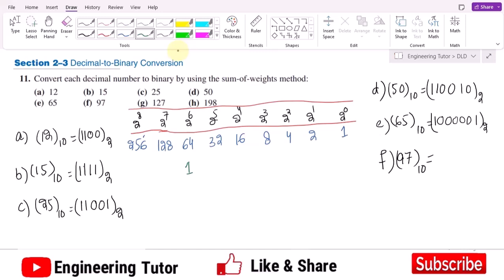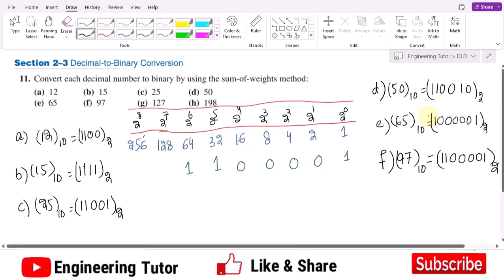That is 33. Now using this 32, 64 plus 32 will be 96, and this one 97, so all others will be 0 now. So again it will be 11, 4 zeros and 1 in binary.